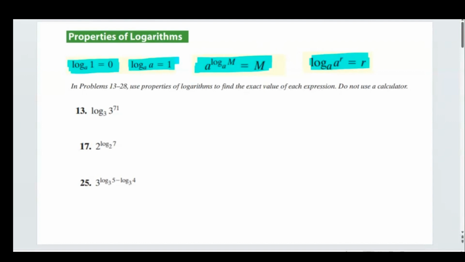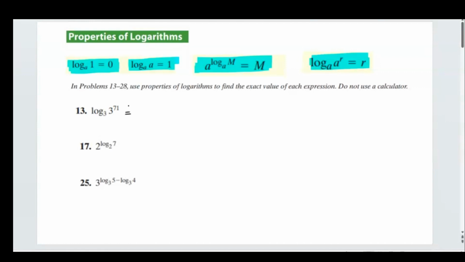So let's then solve this exercise that is given over here. It says use properties of logarithms to find the exact value of each expression, without a calculator. Well, they say log in base 3 of 3 to the power of 71.